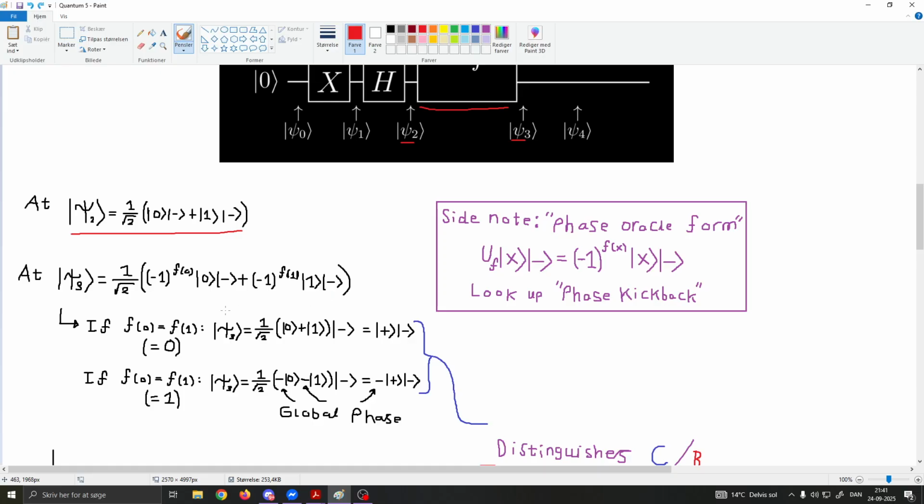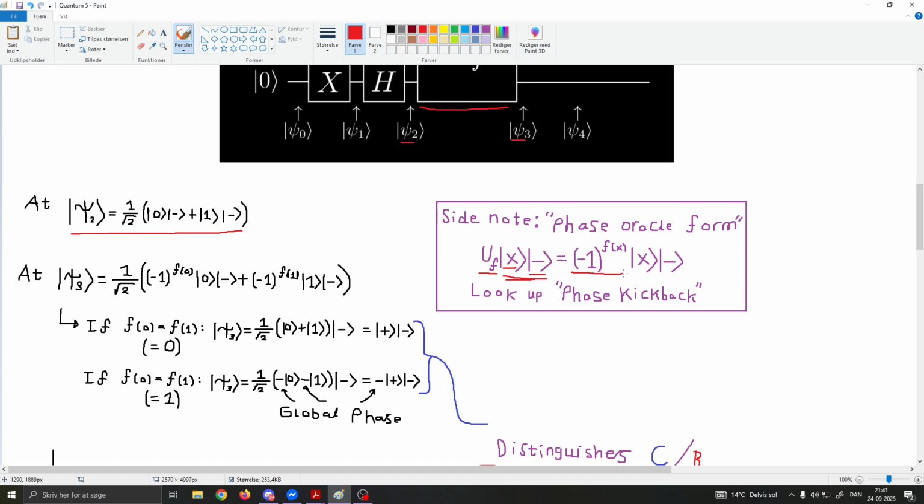The reason we're allowed to write it in this form is because of something called phase oracle form, which says that if we have an oracle applied to our state, which is in this form, meaning you have your input and you have your minus state, it is equal to this expression.